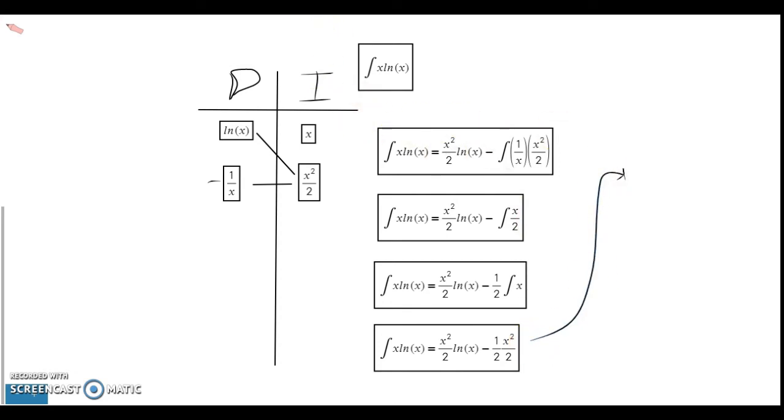Okay. X squared divided by 4. And always put plus c, because if you never put it, your professor will take off, because this is an indefinite integral. And we had just solved this integration.